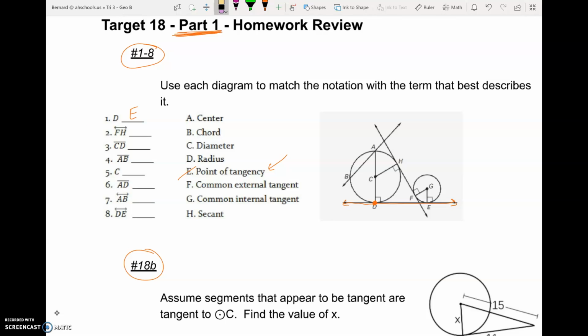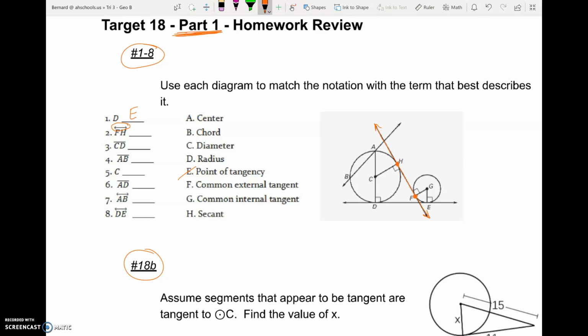I'm going to try to keep these pictures as clear as possible, so I'll make marks and erase them, move on to the next one, stuff like that. So here we go. The next one is talking about line FH. I know it's a line because of the arrows, so I need to include the arrows. If I look at FH, here's F, here's H, and it's a line between those 2 points, this line right here. What this line is doing is hitting this circle at H one time, that's a tangent line, but it's also hitting this circle at F one time.